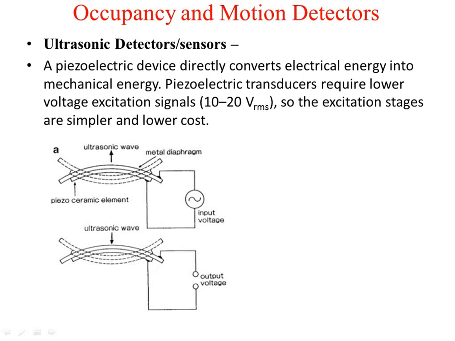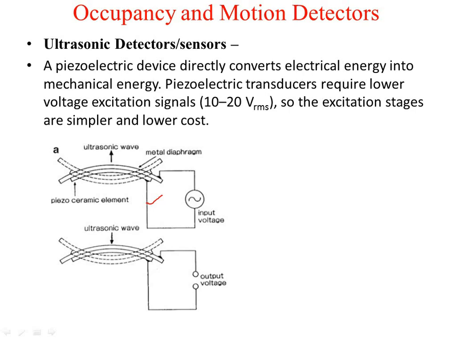Here in the first diagram, we have applied the input voltage, and we can see that the metallic diaphragm, which is made of a piezoelectric material, gets vibrated, or changes its shape, and that vibration will create sound waves. So these ultrasonic waves are created accordingly.